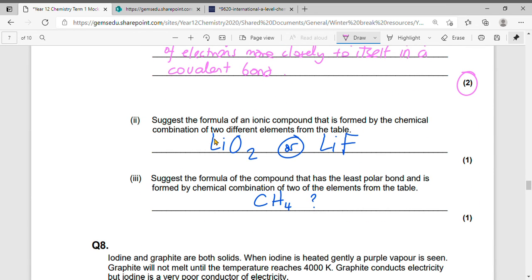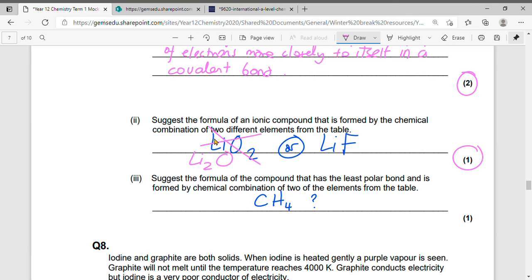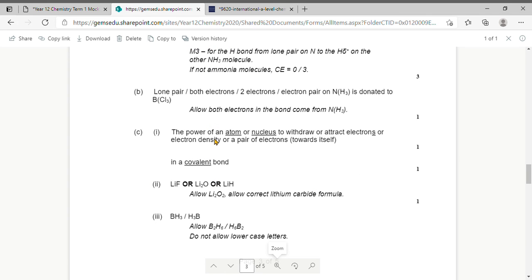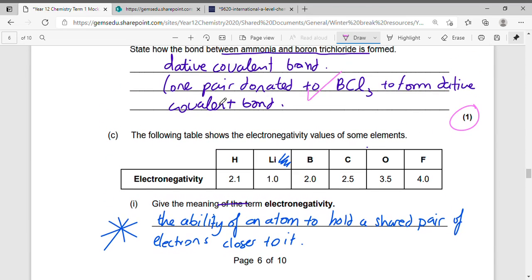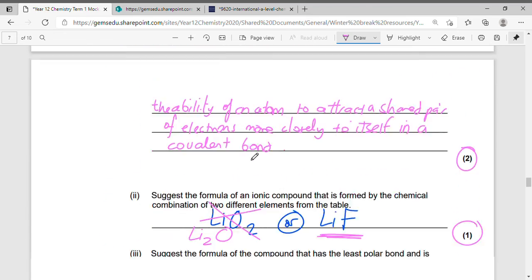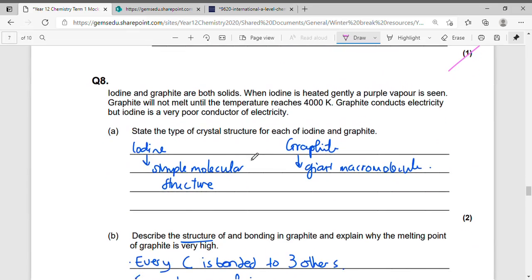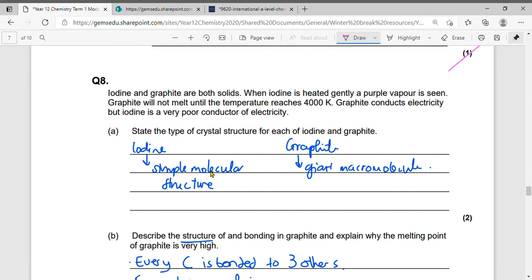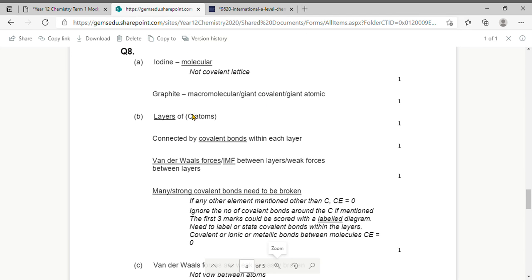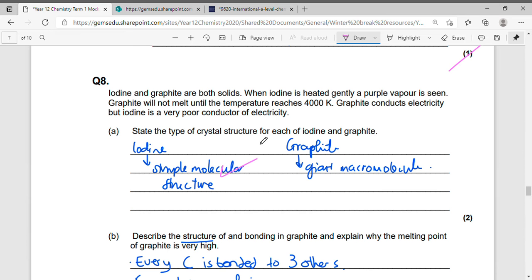Okay, since I wrote or, we can ignore this. However, it was a silly error on my part. It was in fact 2 lithium oxide, but I did get the mark for that one. And BH3, let's take a look at BH3. BH3, that was my fault. Okay, iodine is molecular, excellent, and graphite is giant or macromolecular, excellent.